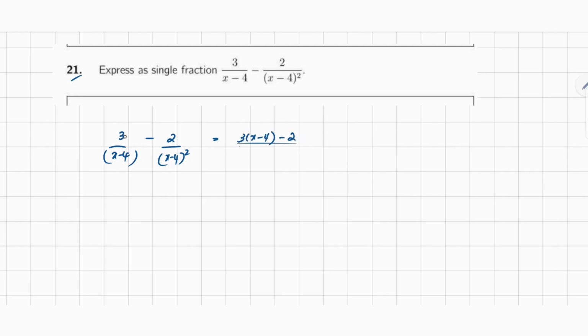So by multiplying it to the first term, we get 3 times x minus 4 over x minus 4 the whole squared, which can be expanded or simplified as 3x minus 3 times 4, 12, minus 2 over x minus 4 squared, and we get 3x minus 14 over x minus 4 squared, which is our answer.